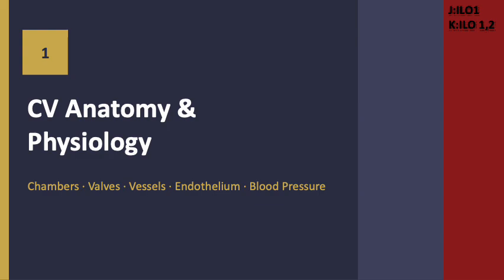So the first topic we will be discussing is cardiovascular anatomy and physiology. This correlates to Module J, Instructional Objective 1, and Module K, Instructional Learning Objective 1 and 2.